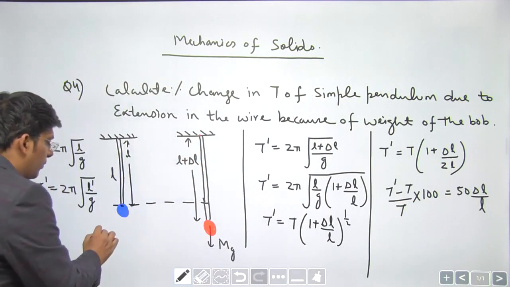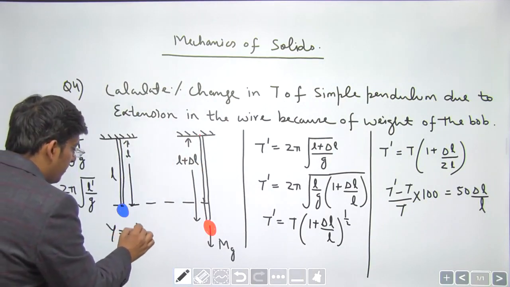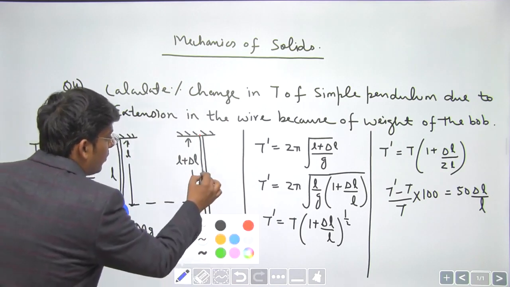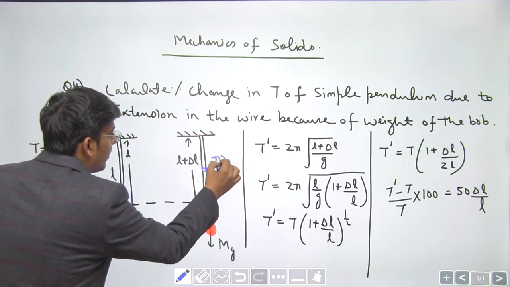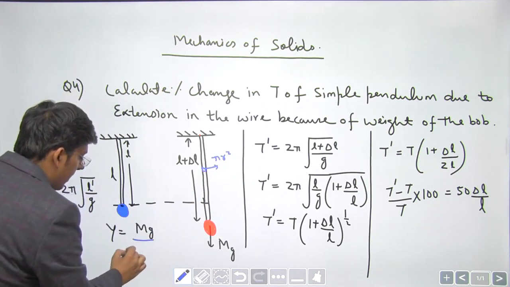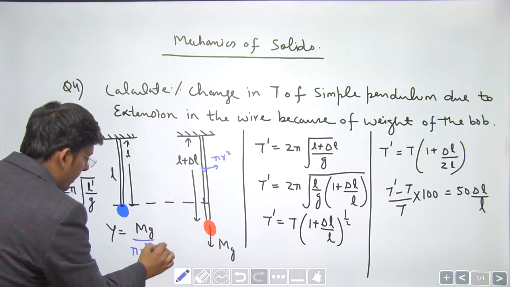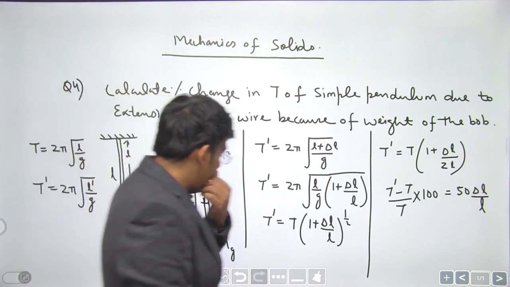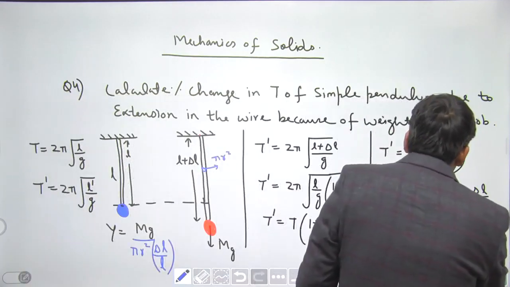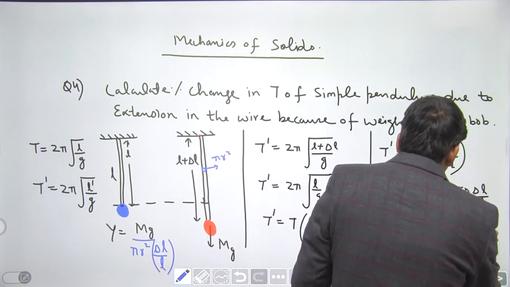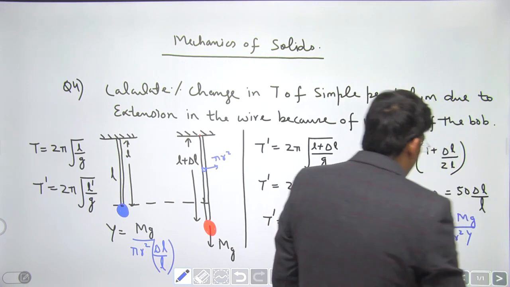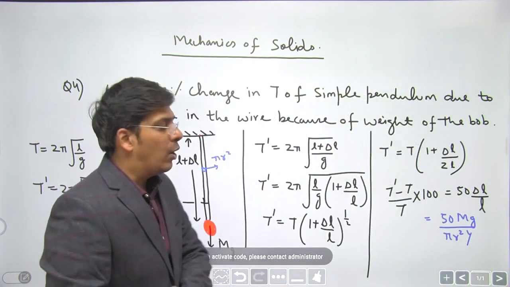So do we have Young's modulus? Yes, we have. It is mg divided by area of cross section of the wire, which is definitely going to be some pi r square, into delta L divided by L. So from here we can get the value of delta L by L, which is actually mg divided by pi r square multiplied by the Young's modulus, dear students.